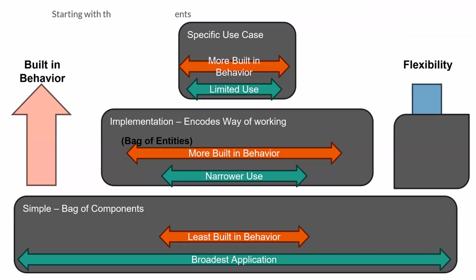Is everything just, like you said, built on the bag of components? Yeah. Everything's built on the bag of components, but that's why there are the little boxes over the arrow, because there could be another one there. You potentially wouldn't have any canonical implementation, you'd have multiple implementations.